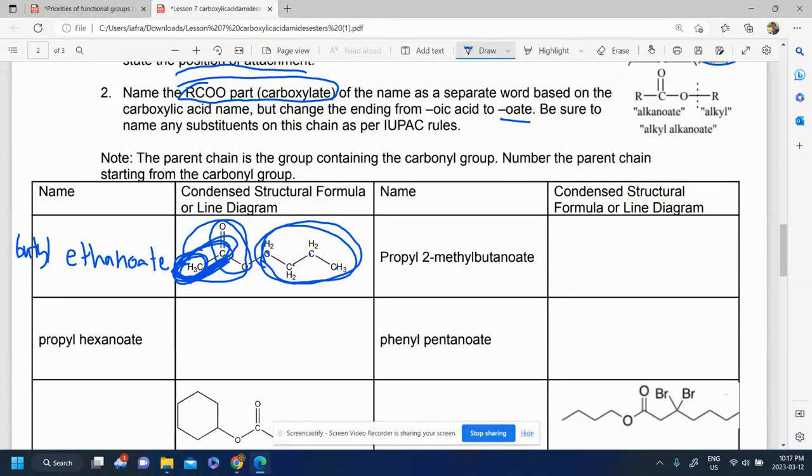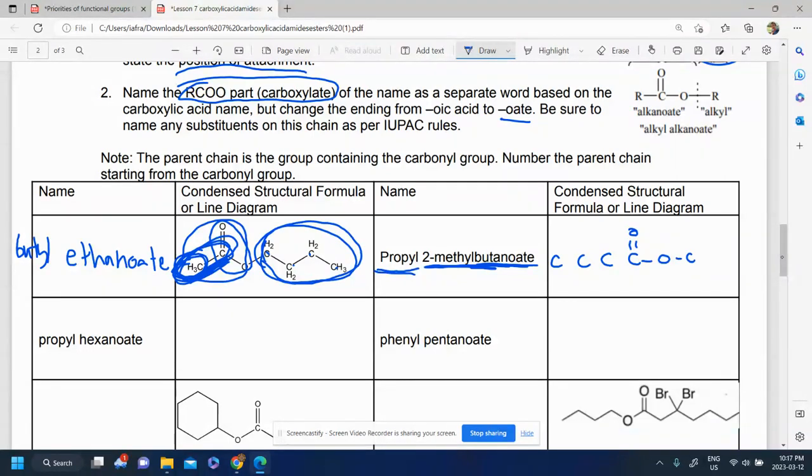So we can try drawing one out. Propyl 2-methyl butanoate. So our carboxylic acid part has 4 carbons. So we have 1, 2, 3, 4. Our alcohol part has 3 carbons because propyl.